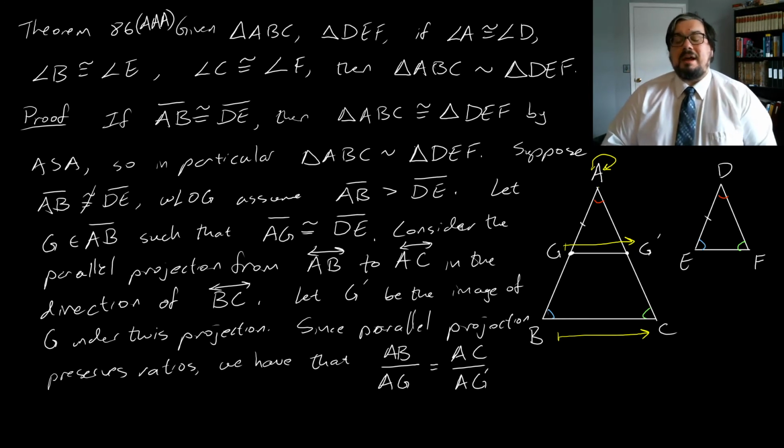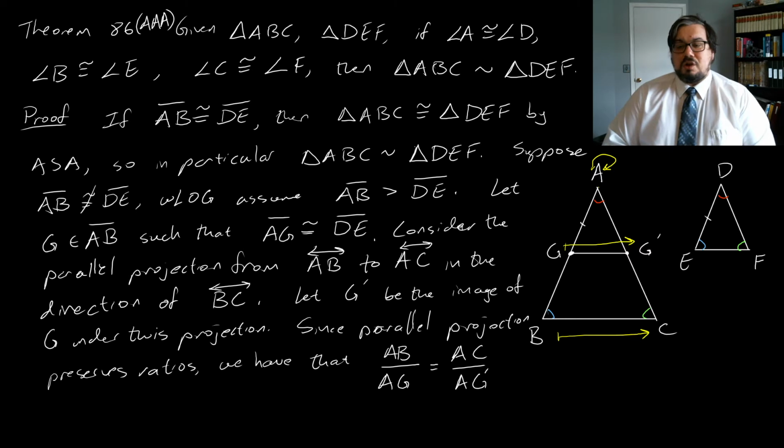So a parallel projection preserving ratios means that if you take a ratio of distances where all the points involved come from the first line, then you get the exact same ratio if you replace every point there with the point under the projection after you project it. So A gets mapped to A, B goes to C, and G goes to G prime.